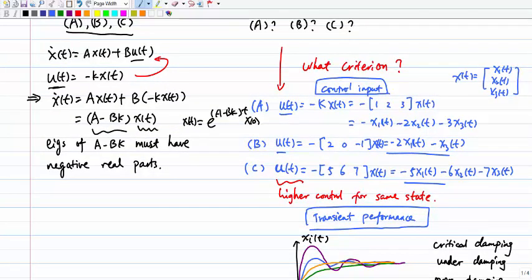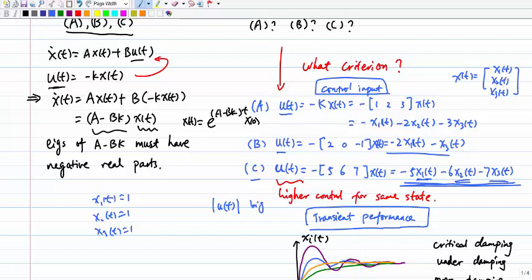If I consider this with the same x1, x2, x3, it looks like possibly C will have a high control for the same state. For example, if x1, x2, x3 are positive, the absolute value of u(t) is pretty big. Let's say x1(t) is 1, x2(t) is 1, and x3(t) is 1.